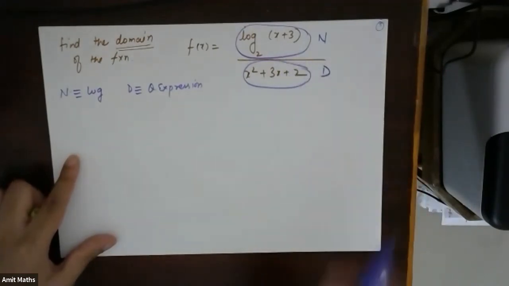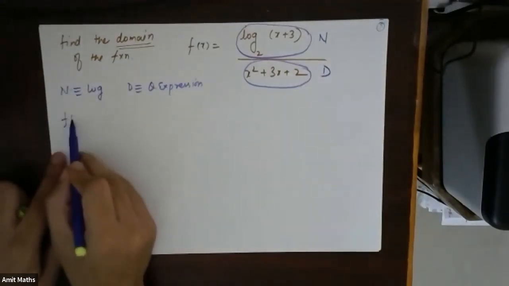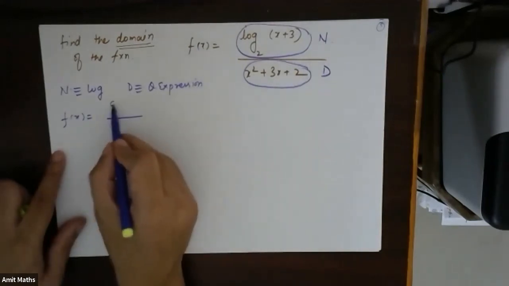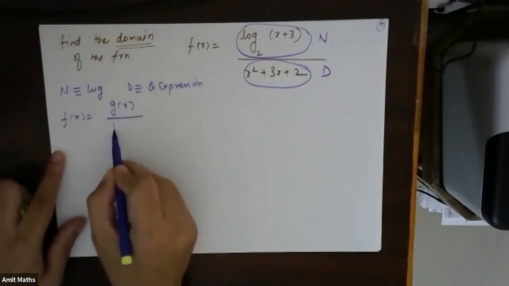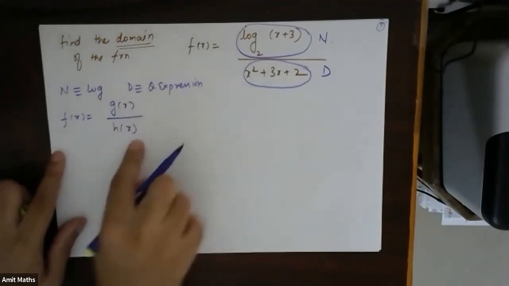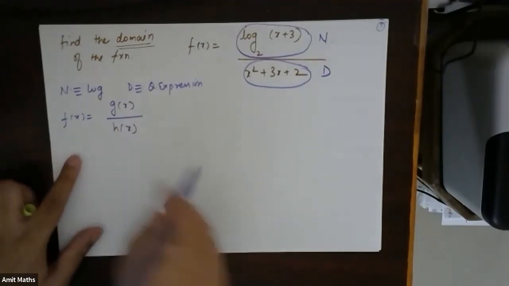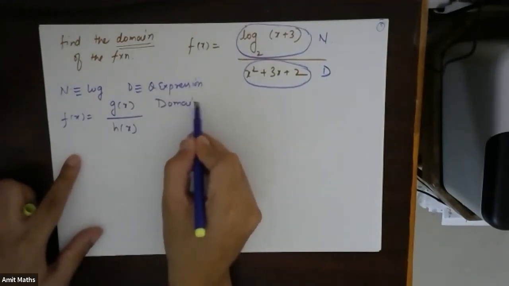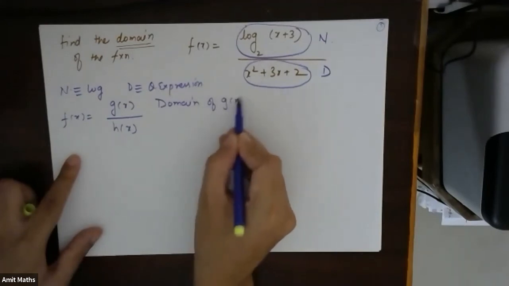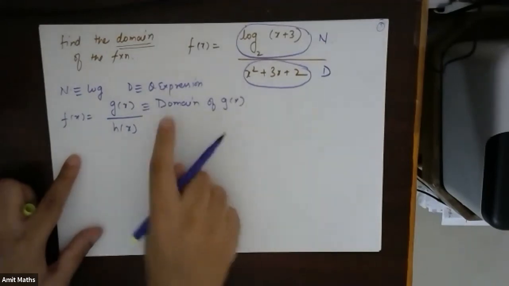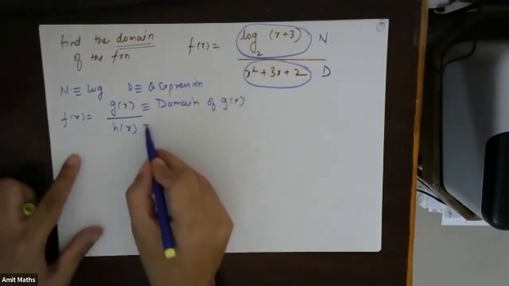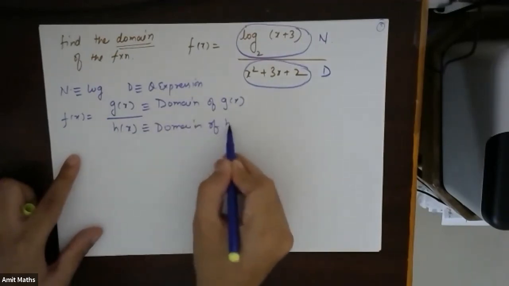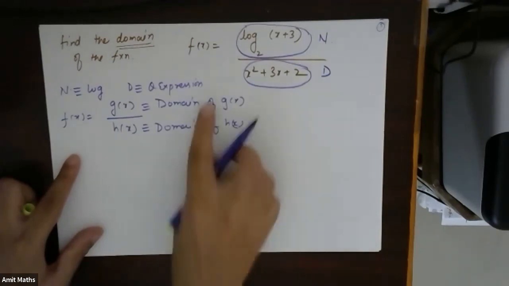That means any function f of x, if it can be broken down into two parts, g of x and h of x, where g of x and h of x are themselves functions, I have to check the domain of g of x separately and the domain of h of x separately.